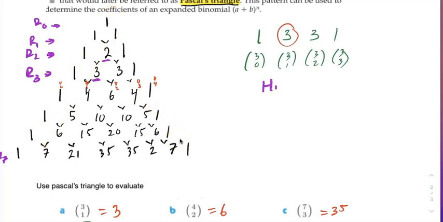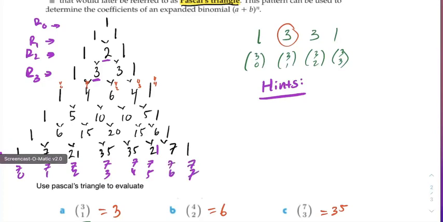Let's talk about the hints. First thing, if you notice the very first term, 4, 0, if I did it down here, 7, 0, 7, 1, 7, 2, 7, 3, 7, 4, 7, 5, 21, 7, 6, 7, 7. If you notice the very first term, 7, 0, 3, 0, 4, 0, it's always 1.